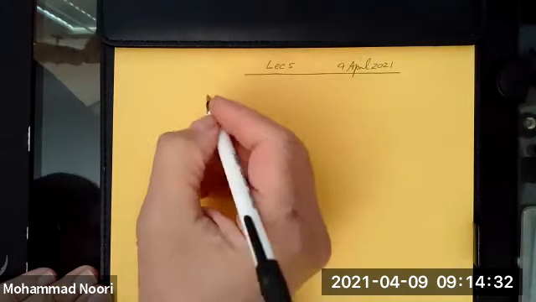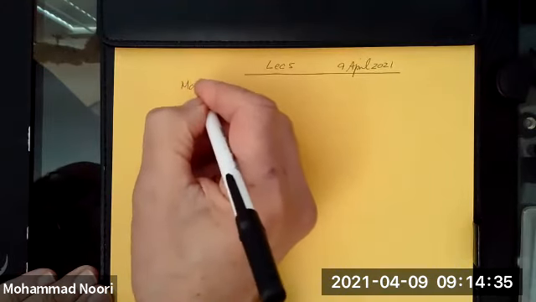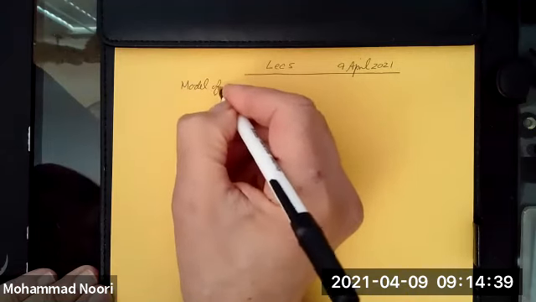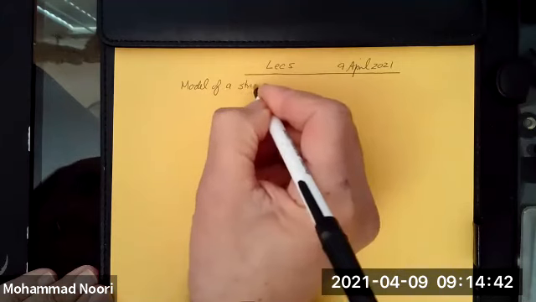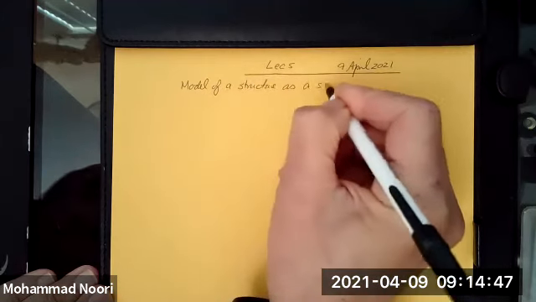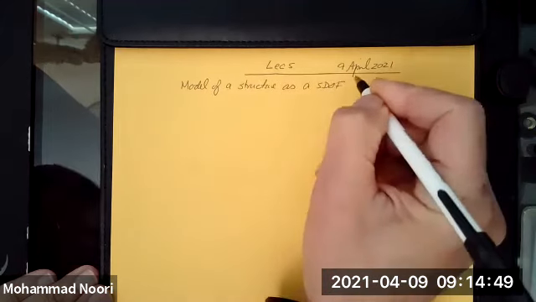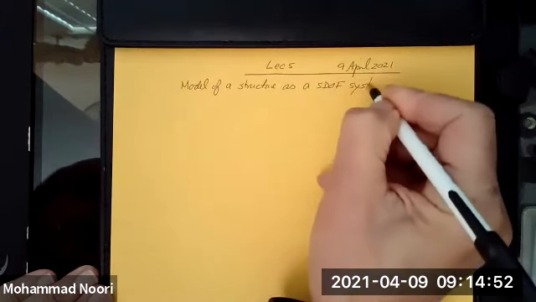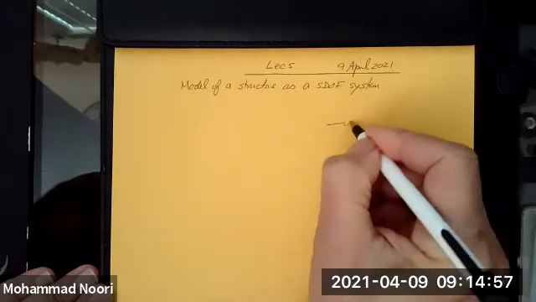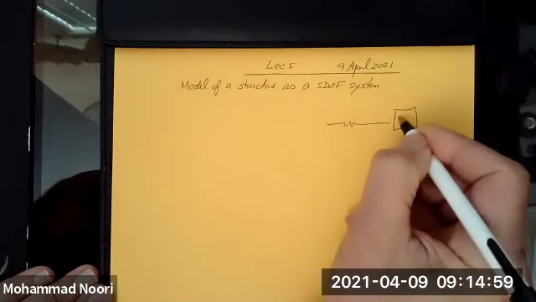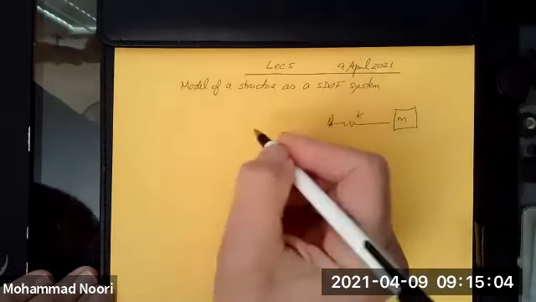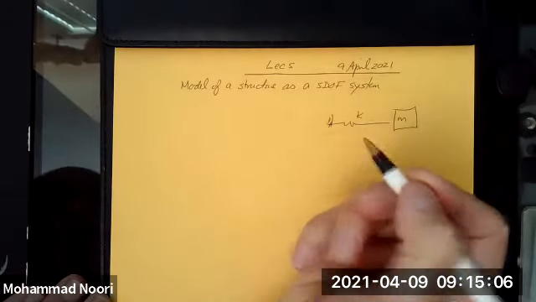So we are talking about the model of a structure as a single degree of freedom system. In other words, we want to set up this model for a complicated, or rather simple, or even more complicated structure.